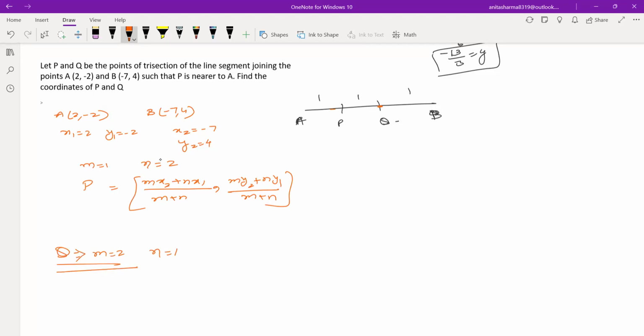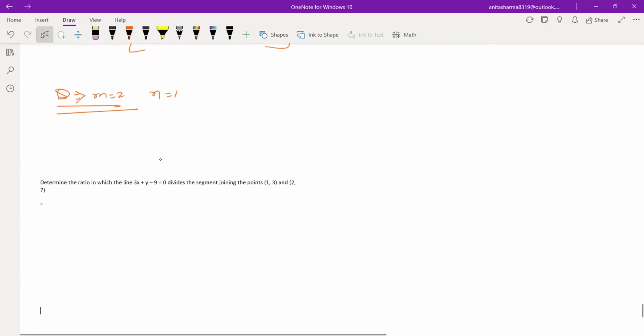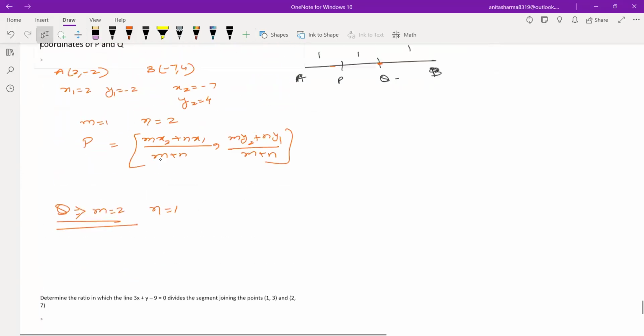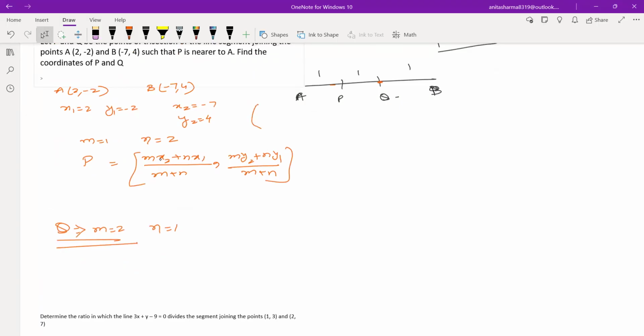So you can find it, beta. So after this, see children, Moksha, you are having a doubt in exercise 7.1, question number 10, beta.